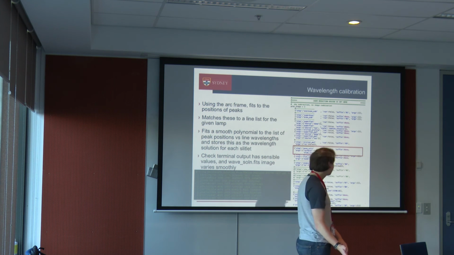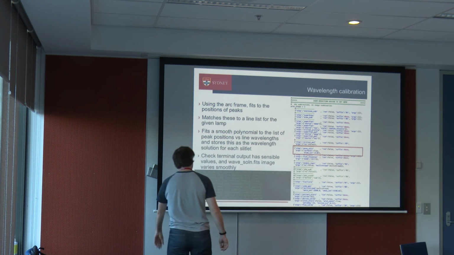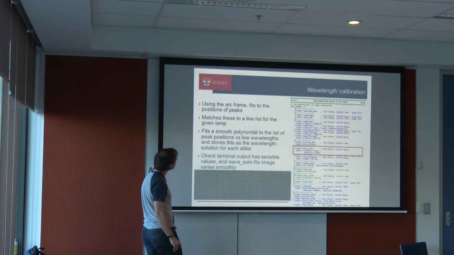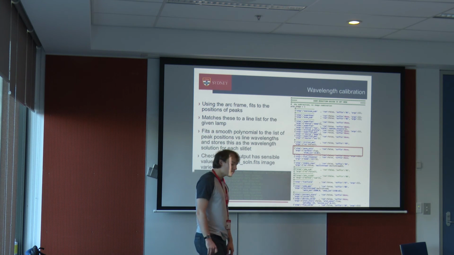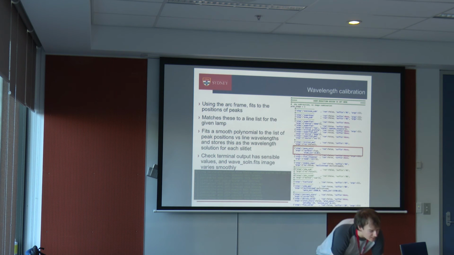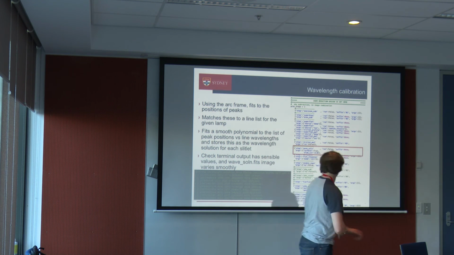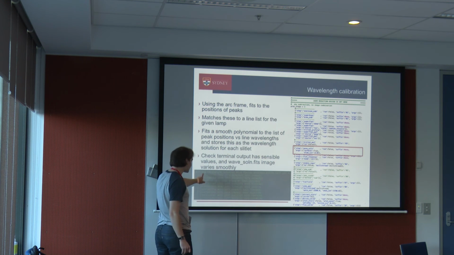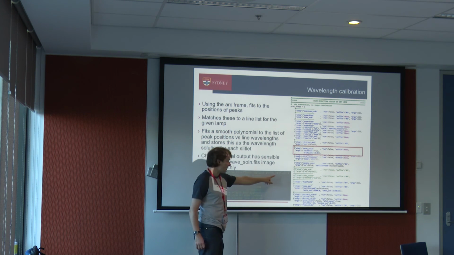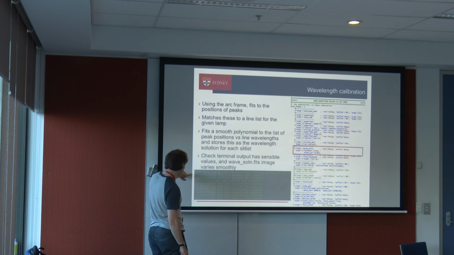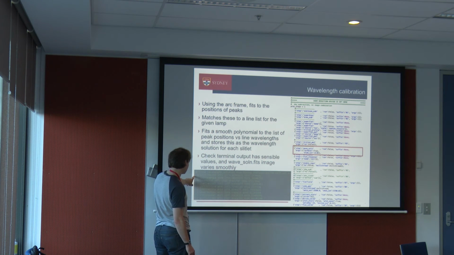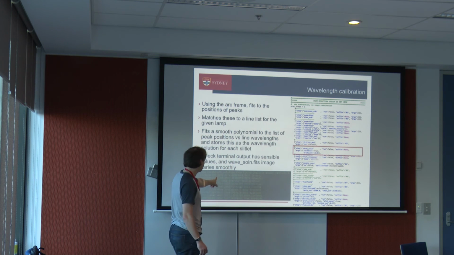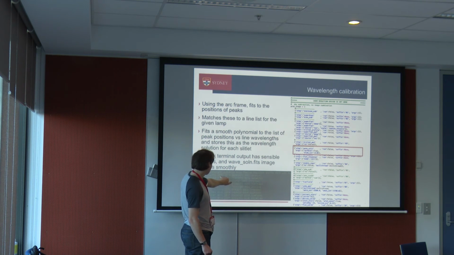When you're running that step, I don't know if any of you have got that far, but you will get the terminal output, which you cannot read at all on this screen. It'll say deriving wavelength solution from the arc frame that it's doing it for, and for each slit, I believe you get a dispersion, a central pixel value, and a start and end wavelength value.